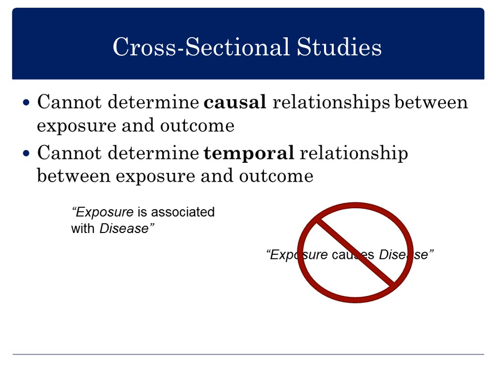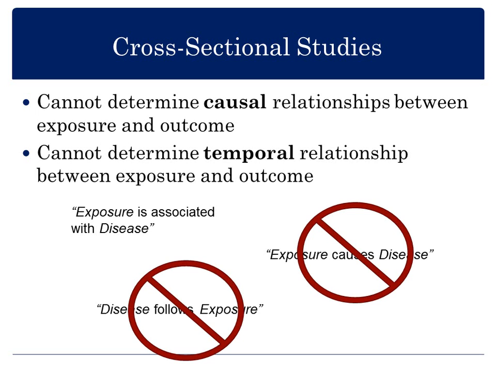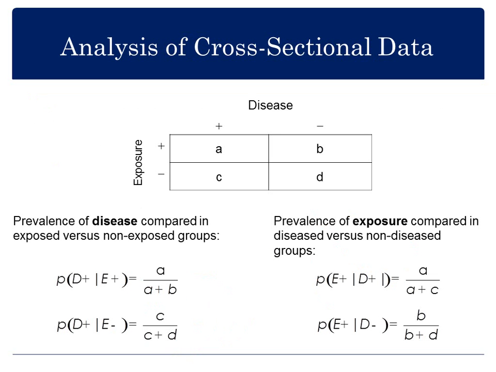We don't say with these types of study that exposure to treatment causes a response or exposure to toxin causes disease. We also don't say that anything follows anything else. That's a limitation of this type of study.